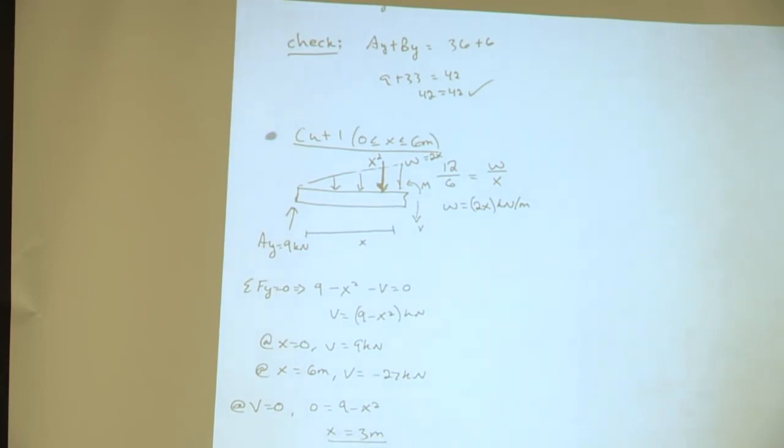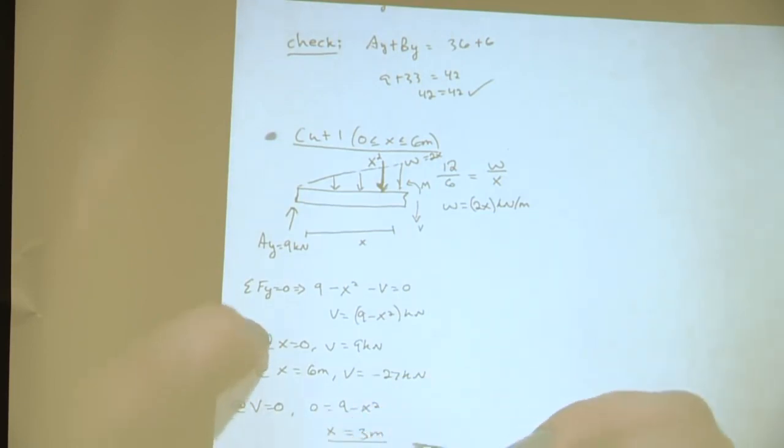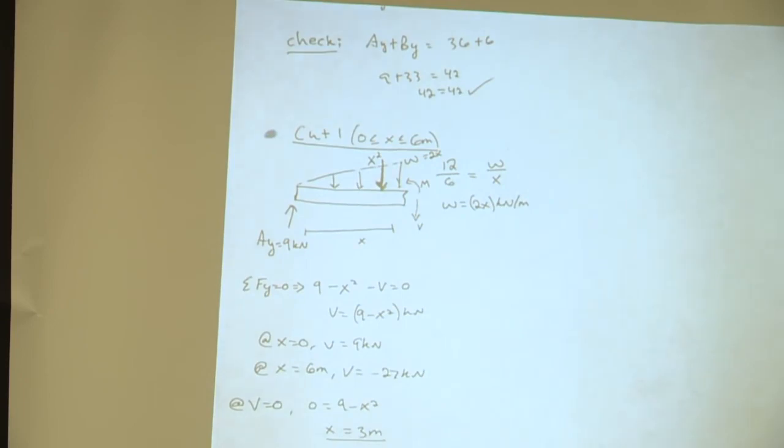Okay, and then now what do we do? Use the moment equation, with counterclockwise as positive. How many terms should we have in our equation? 3. So we have positive M. And what about the 9?